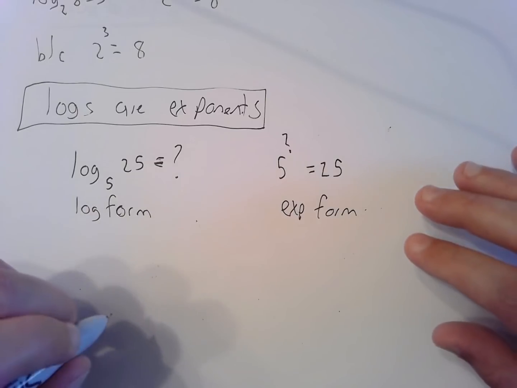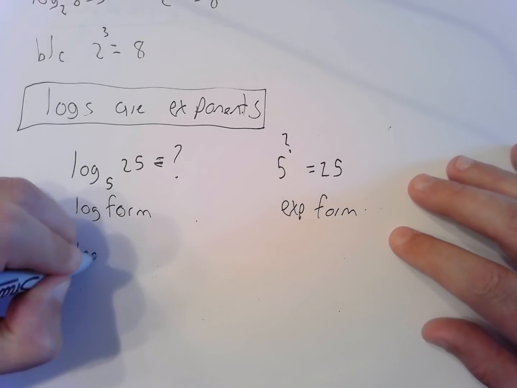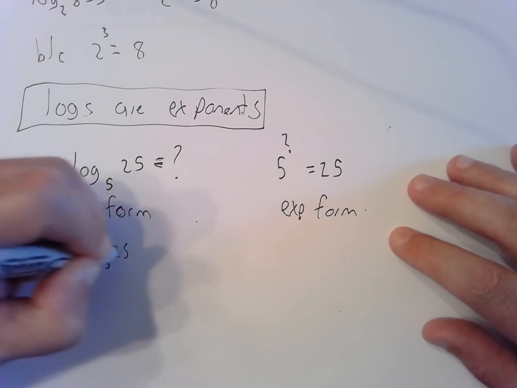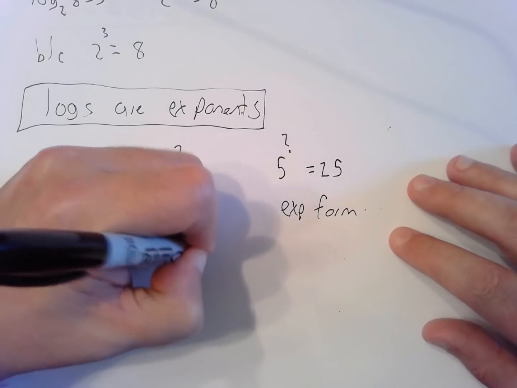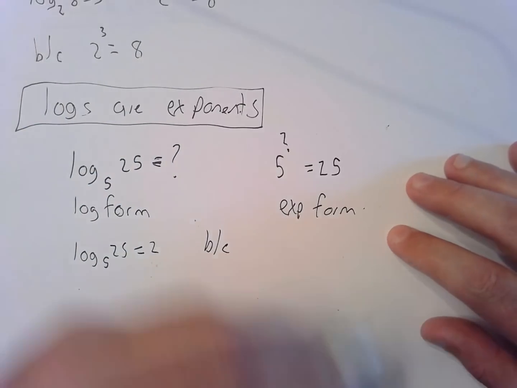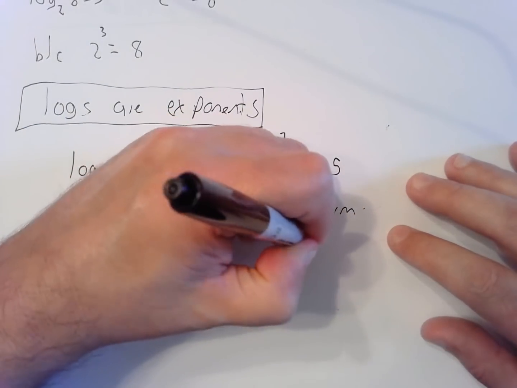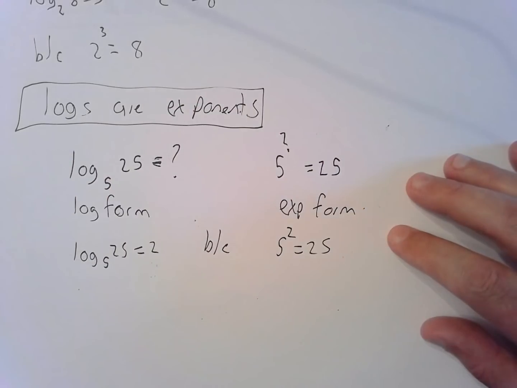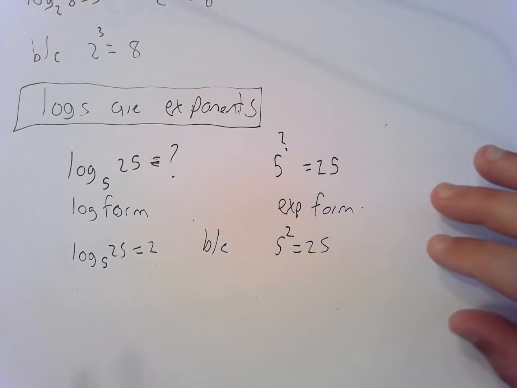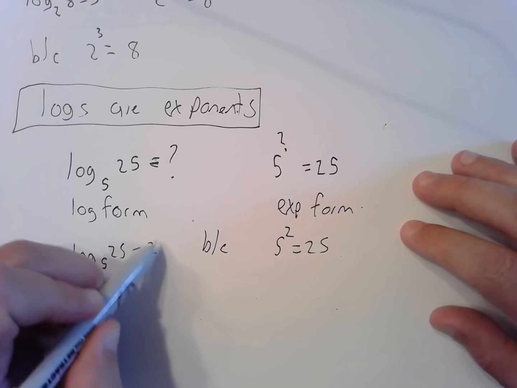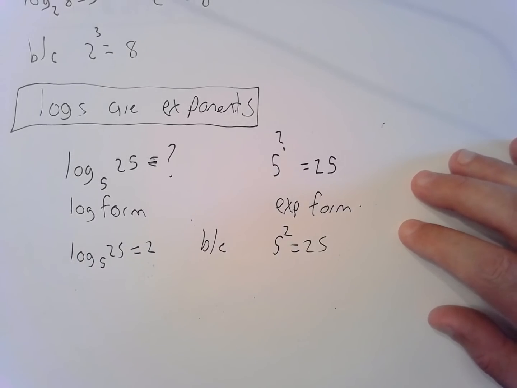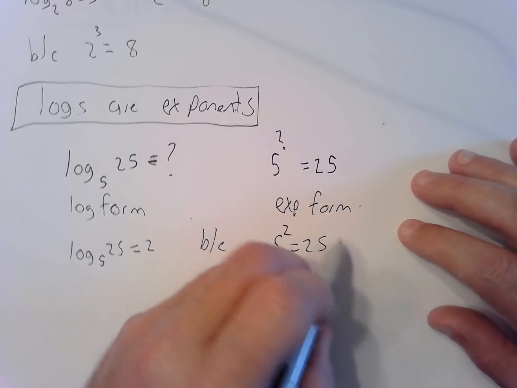And of course the answer is 2. Log base 5 of 25 is 2 because 5 squared is 25. So the answer to the log question, this side over here, is the missing exponent. This was exponential functions.